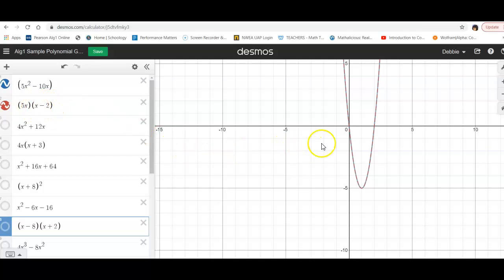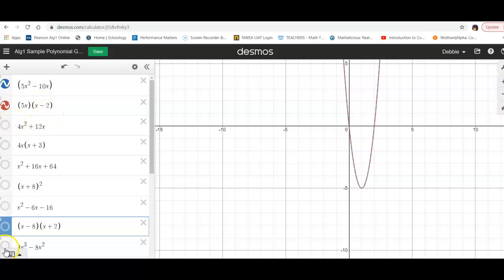And the two points where the parabola crosses the x-axis are when x equals 0 and when x equals positive 2.